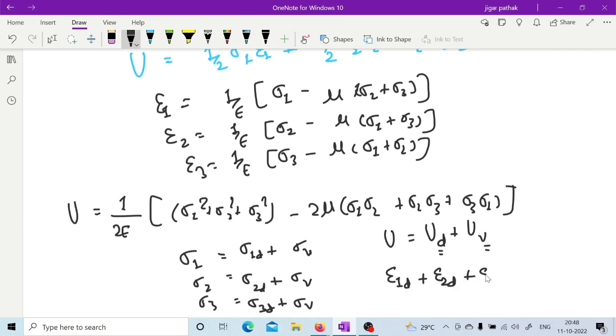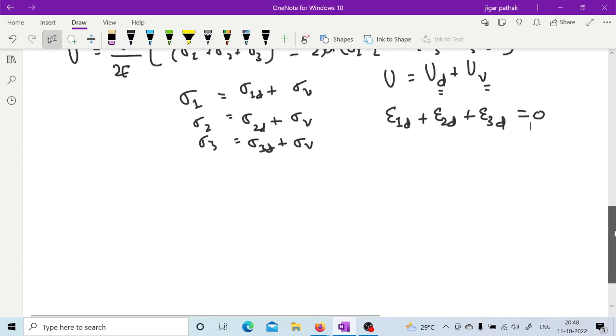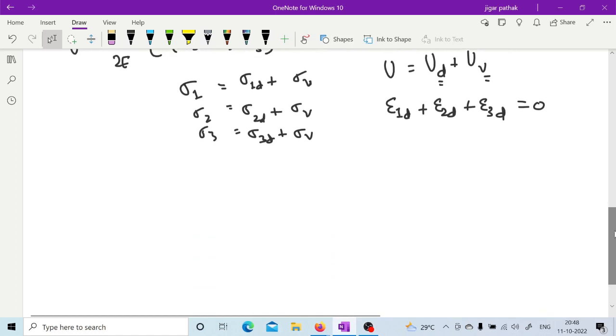So E1D, E2D and E3D will be 0, because it is not going to make any change in volume. If there is no change in volume, then the volume constancy is there, so E1D, E2D and E3D will give 0.